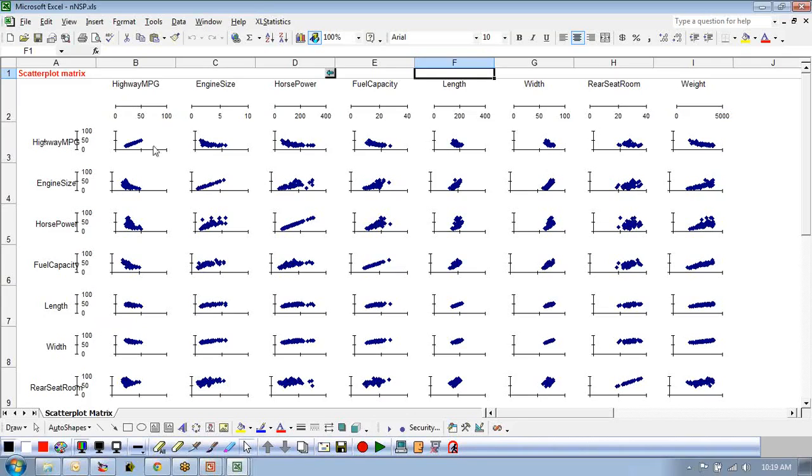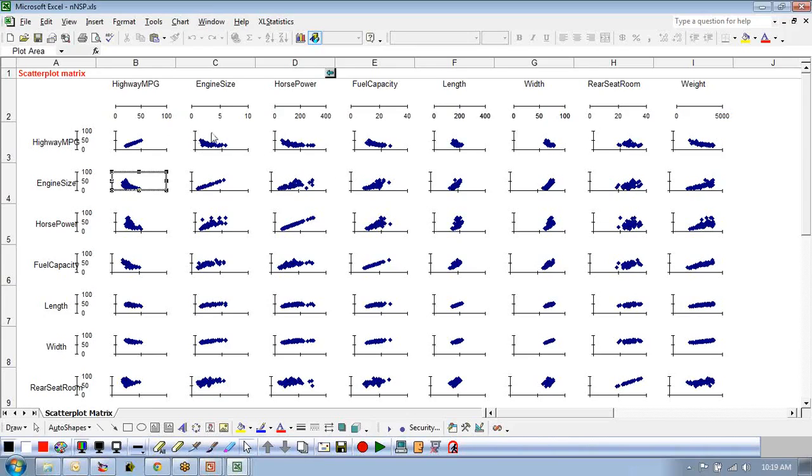But by looking at this matrix, you can see there's highway miles per gallon, engine size, horsepower, fuel capacity, and all that. So if I go to an intersection, for example, this right here shows me highway miles per gallon versus engine size. Well, they may be correlated, but it's hard for me to tell. This tells me engine size versus highway miles per gallon, so I may as well have just left this out because it tells me more or less the same.